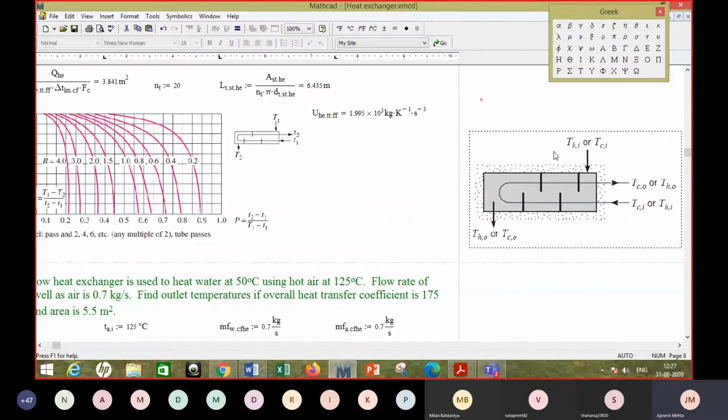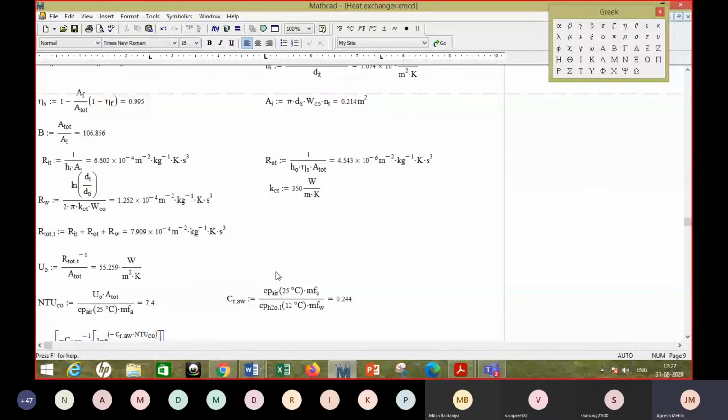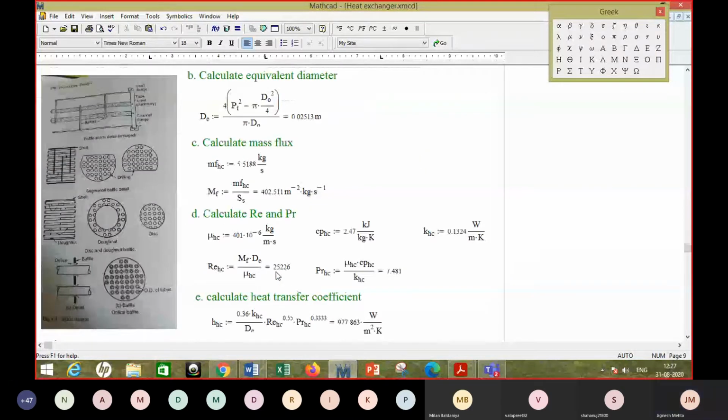But how exactly does it look? So this diagram may help you for that.